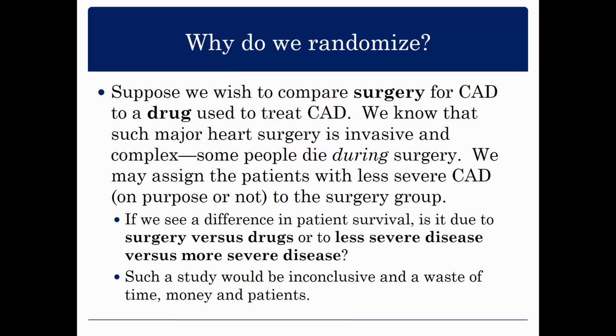So if it was necessary to bring that thinking into this study, then we would assign patients with less severe disease, either on purpose or not, to the surgery group, and people with more severe disease who we think might be at higher risk of dying during the surgery to the drug group, which might be necessary based on your question earlier.